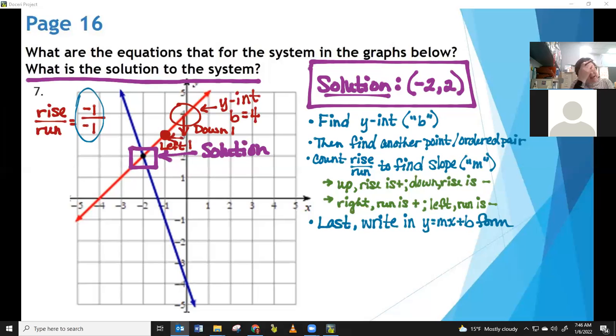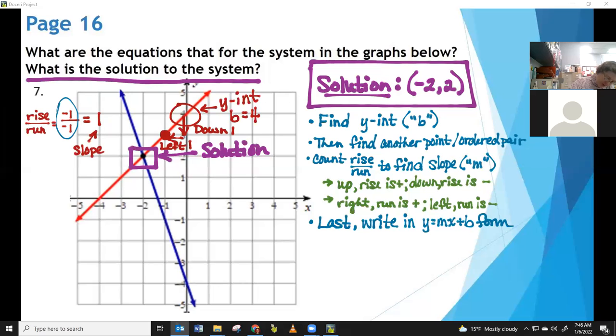Can I simplify that at all? Does that reduce? Yes. What does it reduce to? Reduces to a +1. So here is my slope.